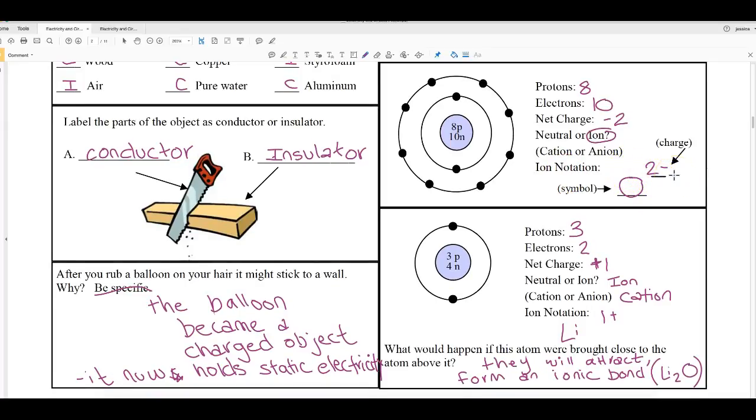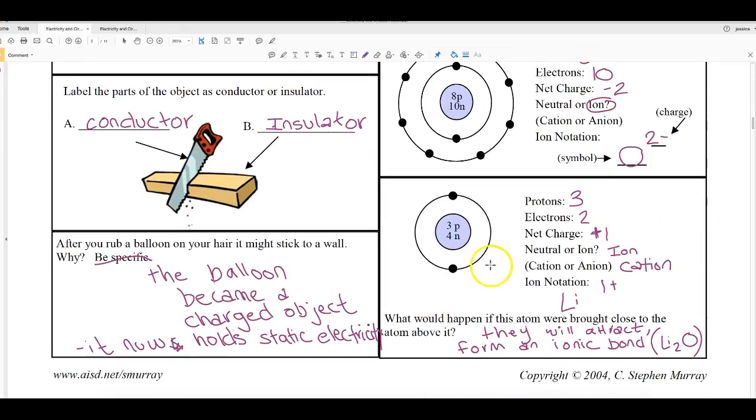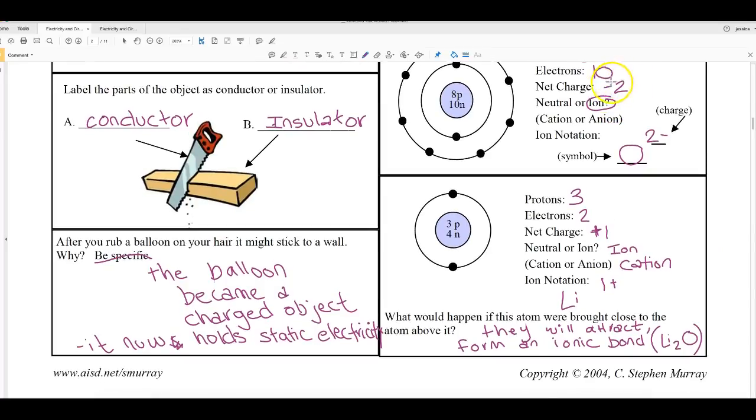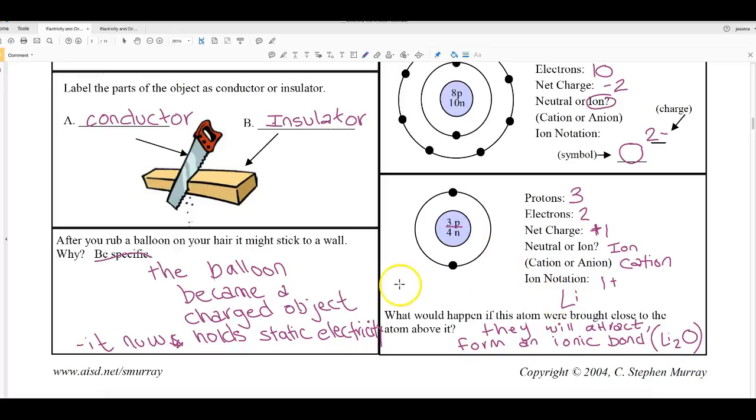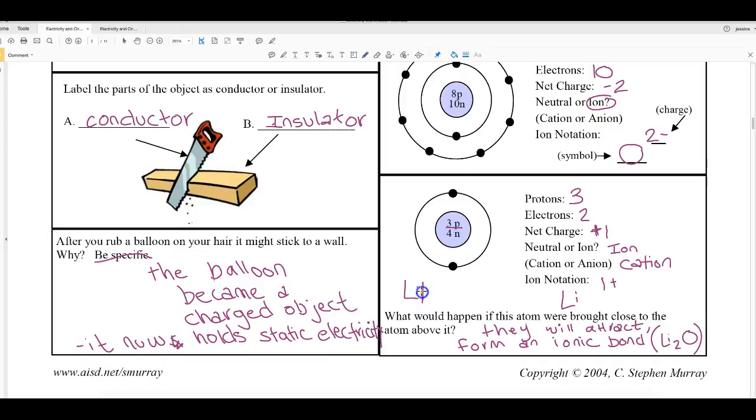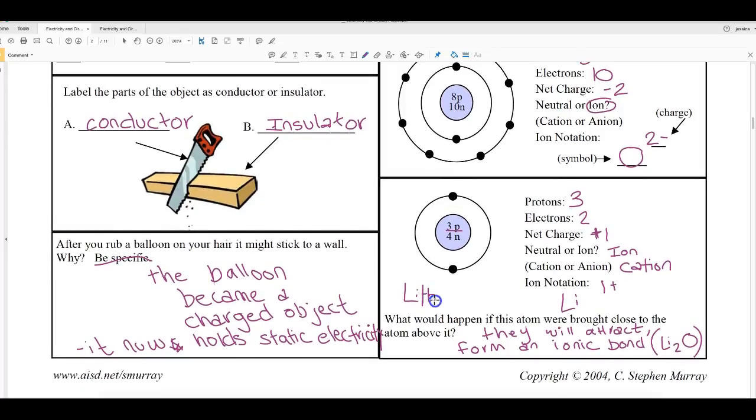That would be the symbol of it. And interestingly enough, right here, they're showing where those other 2 negative electrons may have come from. They could come from a lithium atom, and this is a lithium atom right here. How do we know that? Because if it has 3 protons, it's lithium, which happens to be number 3 on the periodic table.